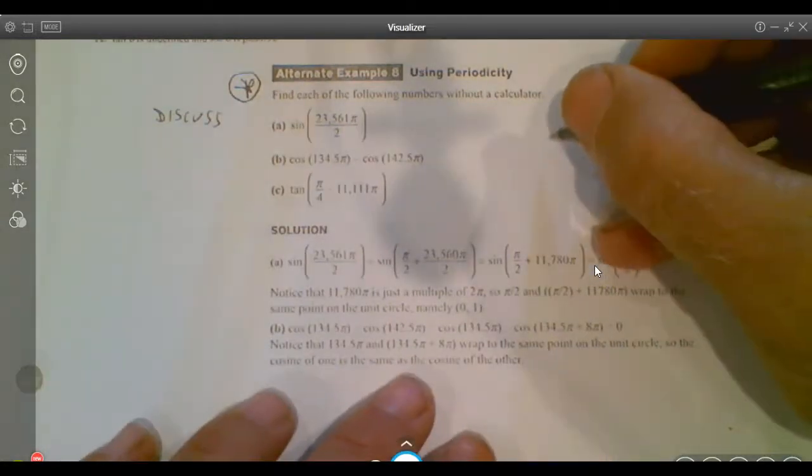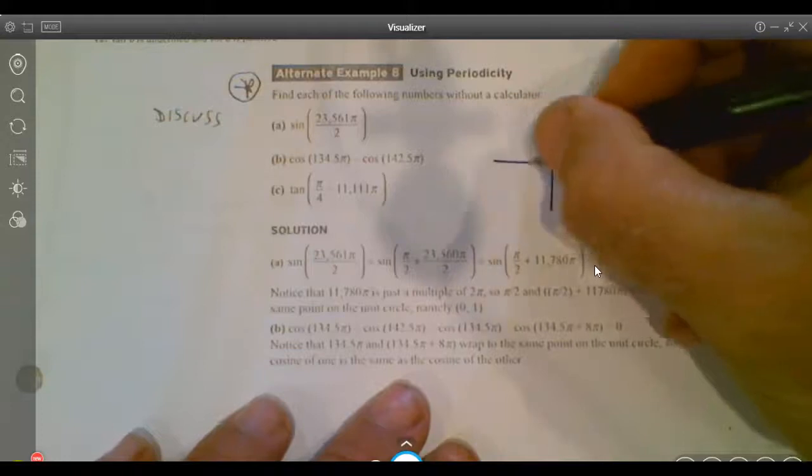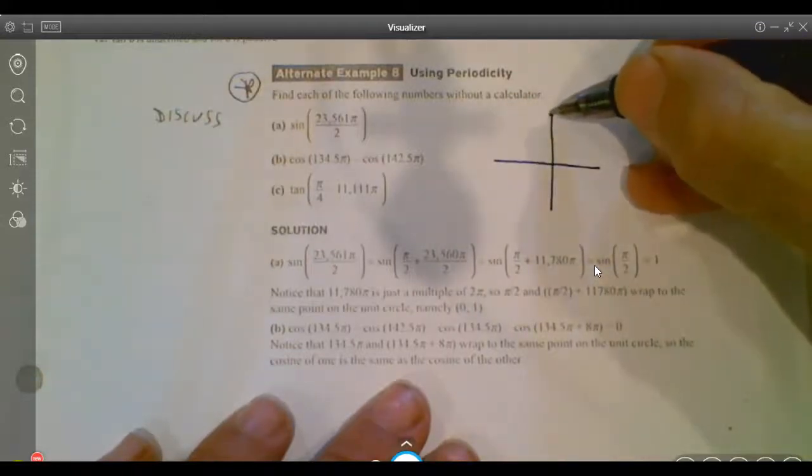So as I look at this, what they did was they said, well, let's take out a bunch of 2 pi's, right? So it's like subtracting 2 pi multiple times in order to get it down to simply pi over 2. And then we can evaluate what's the sine of pi over 2. So based on the one that we just did, remember that pi over 2 is right here.